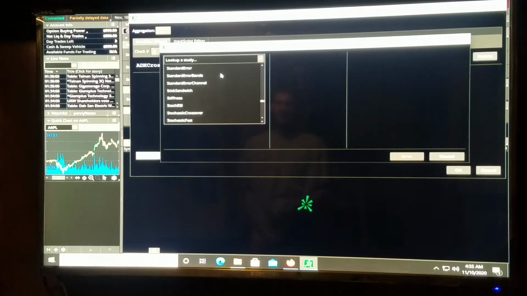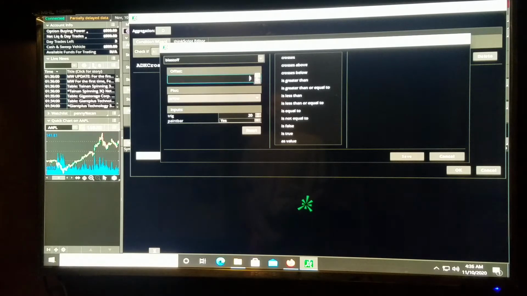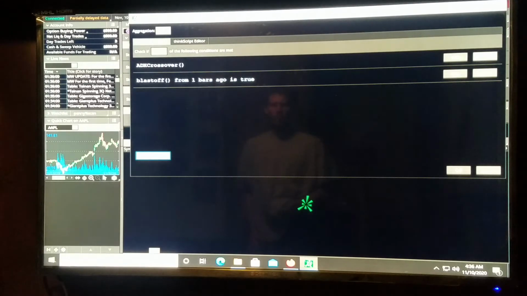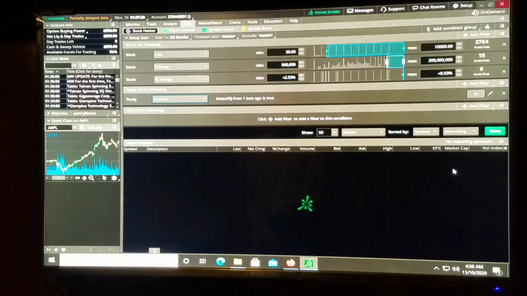You're just like, well, what if it does this instead? Maybe let's use the original. Okay. And we'll hit scan.